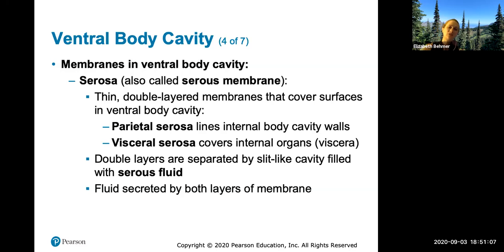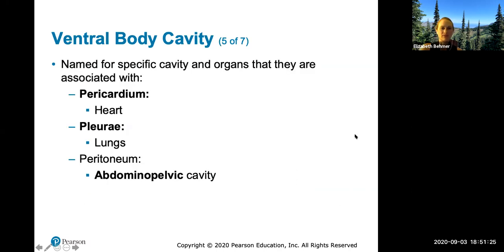And then the visceral serosa will cover all of your internal organs. So remember, your internal organs are called viscera. The double layers are separated with space filled with fluid, which just helps to protect the organs if there's ever any slight movement, and the fluid's secreted by both layers.